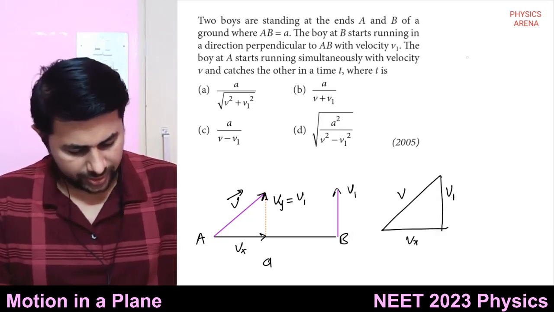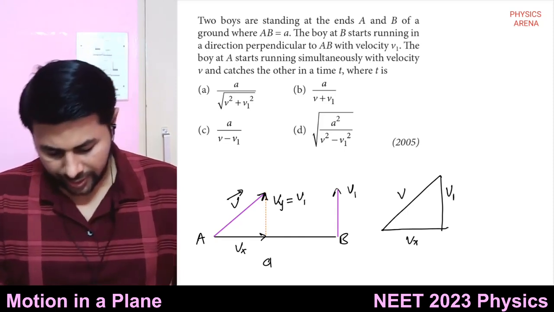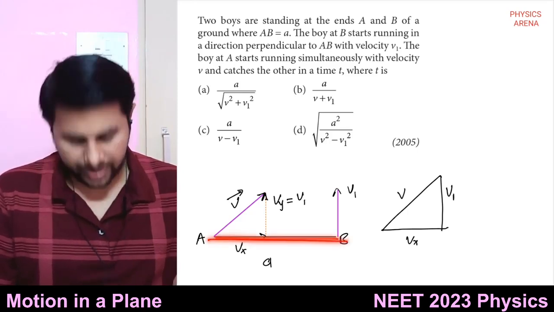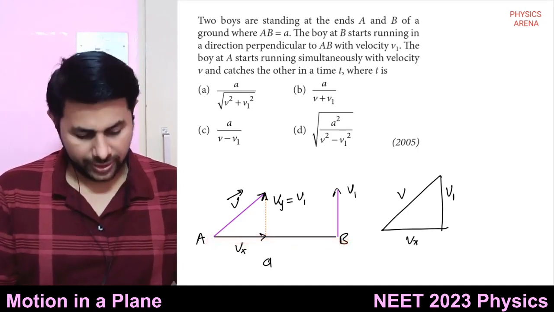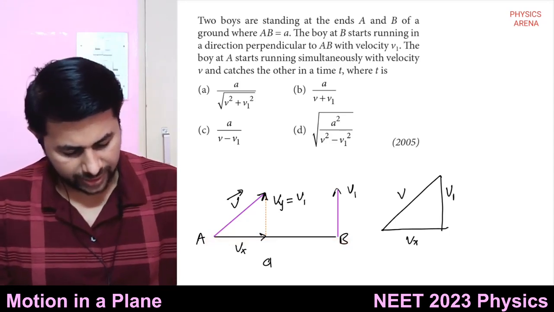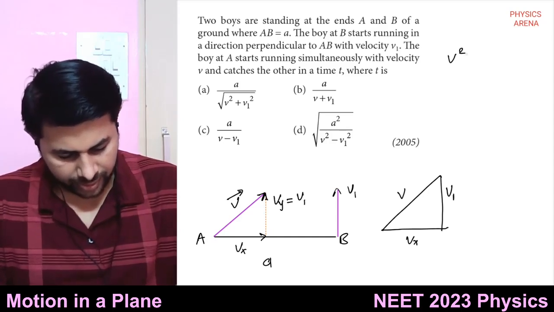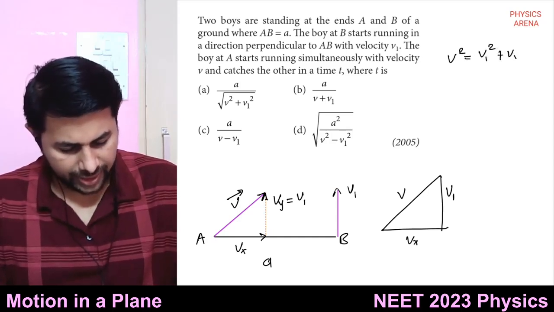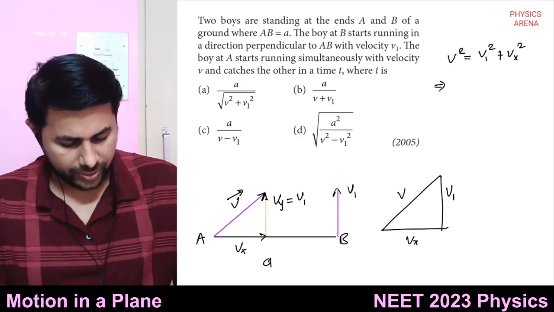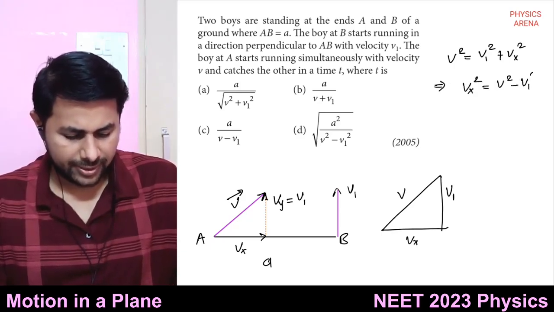We want to find out Vx, because we want to find out how much time he will take to cover this much distance in the x direction. So we can say that v square is equal to v1 square plus vx square, and therefore vx square is equal to v square minus v1 square.